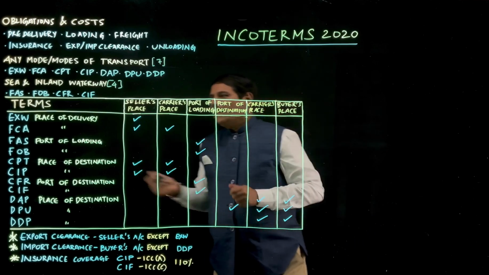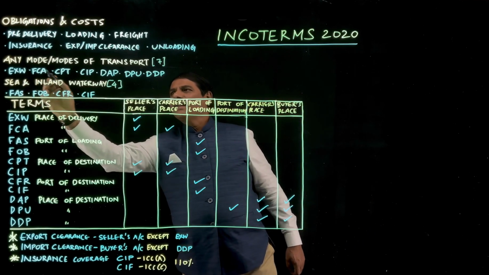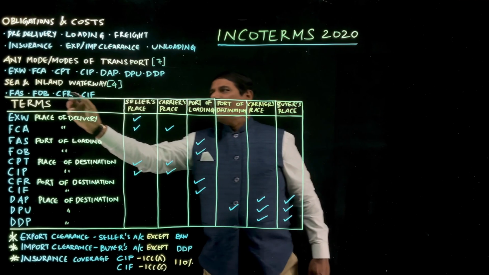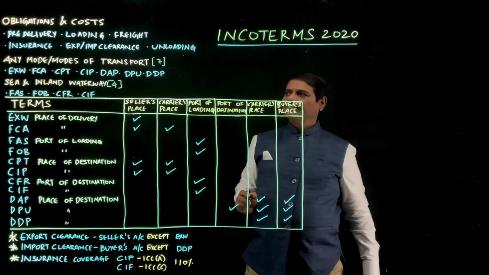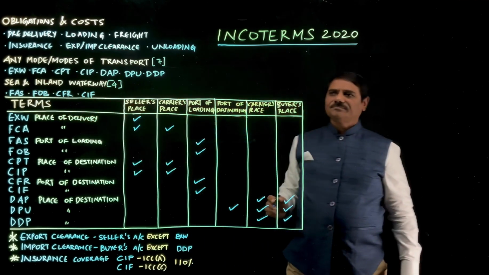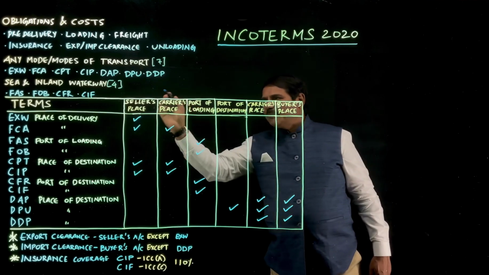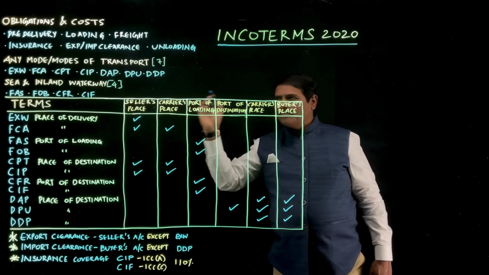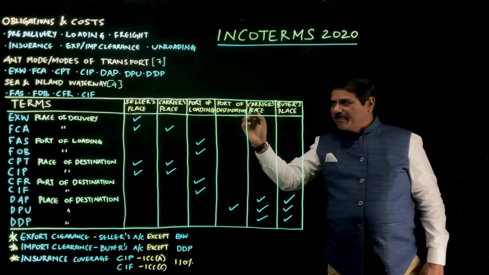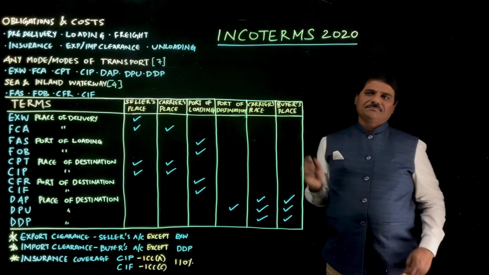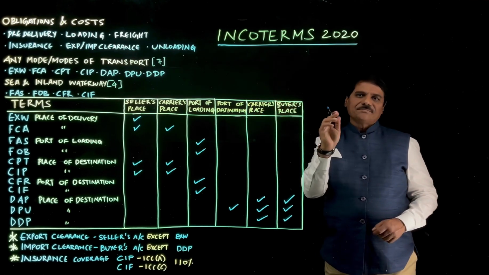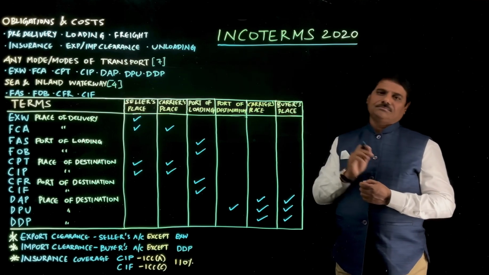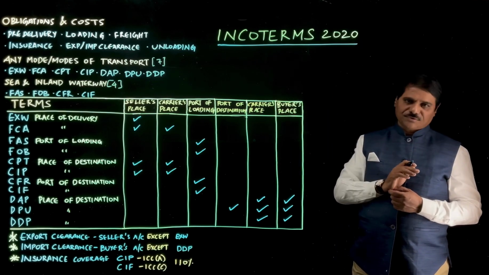Now under any mode of transport you have EXW, FCA, CPT, CIP, DAP, DPU, DDP. These 7 terms are there under any mode or modes of transport.